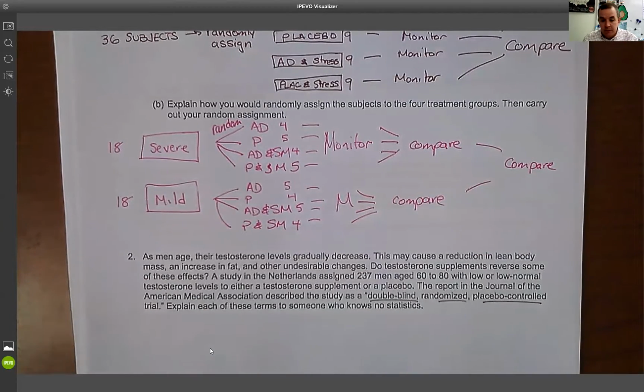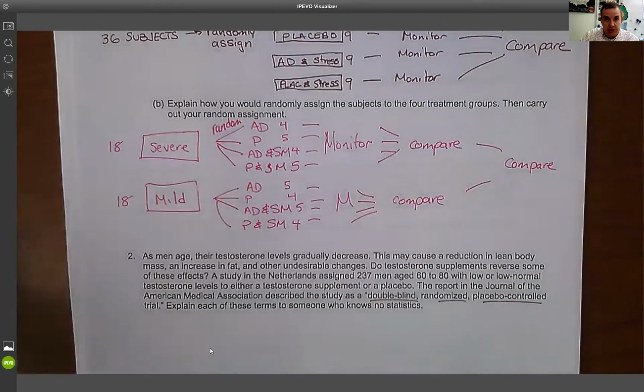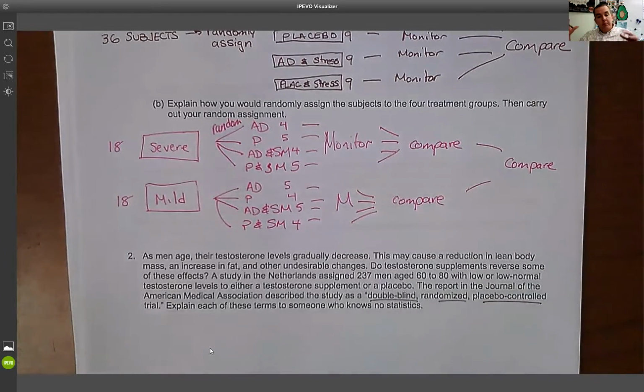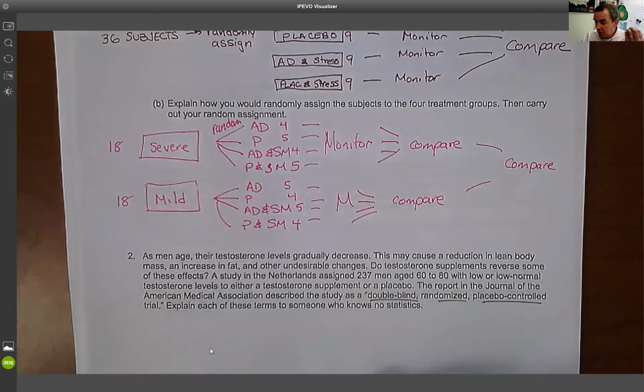What does that mean? Well, again, double-blind means that the people, these 237 people, didn't know what they got, nor did the researchers doing the study itself. There was someone up on high who knew, but the people directly involved in the study had no idea. So that's what double-blind is. Randomized means that these 237 men were randomly assigned to 2 different groups.